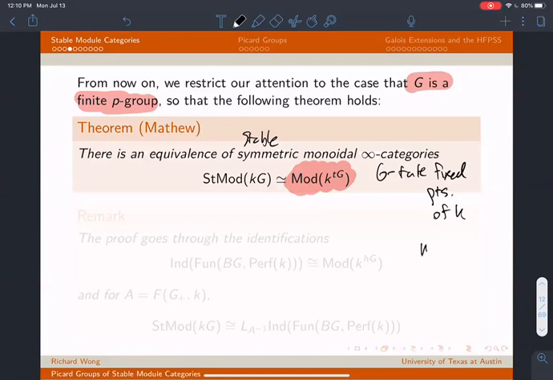So I'm going to tell you what k^tG is in a little bit. It turns out to be an E-infinity ring spectrum. But I'll talk about that on the next slide.